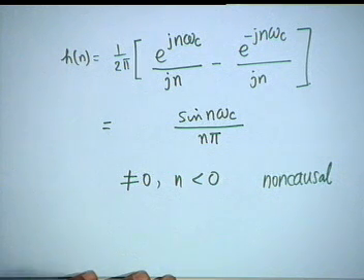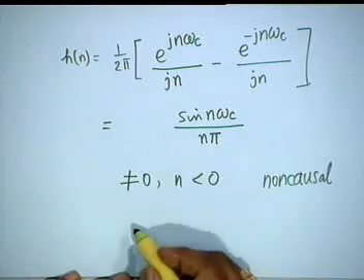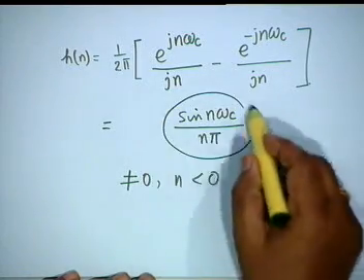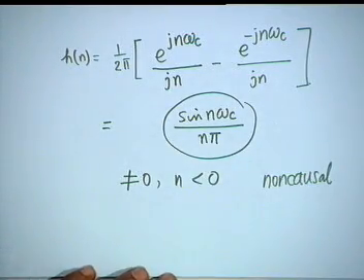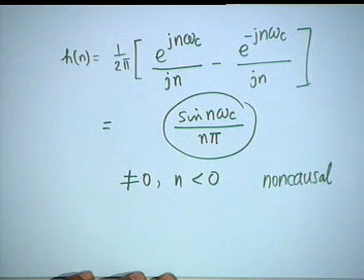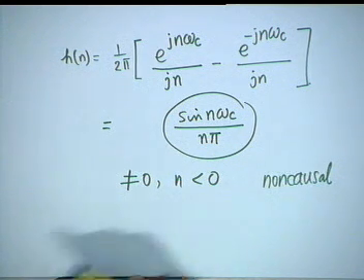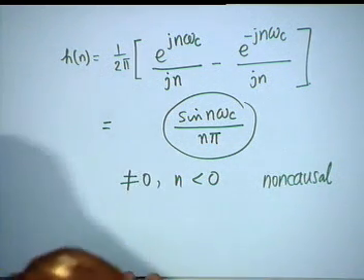There is another reason why it cannot be realized. That reason is that the system, this h of n, sine n omega c by n pi, is neither absolutely summable nor square summable. In other words, the system is unstable. Well, instability does not require square summability, it only requires absolute summability.